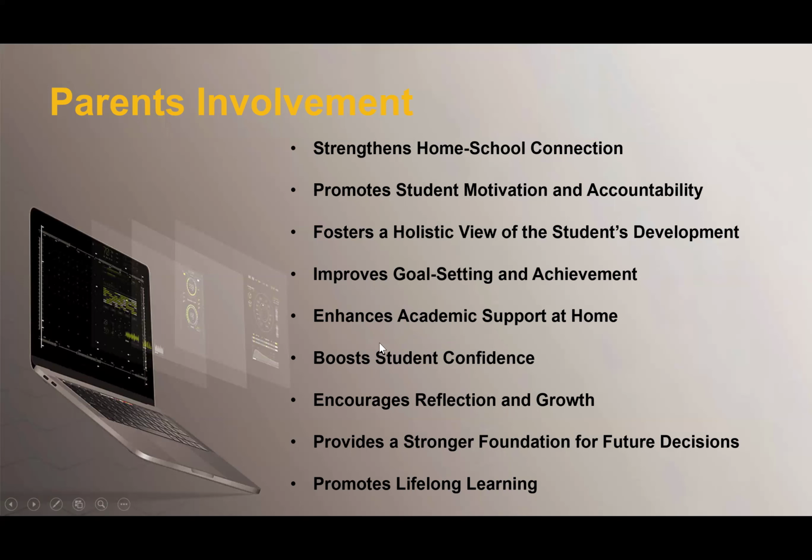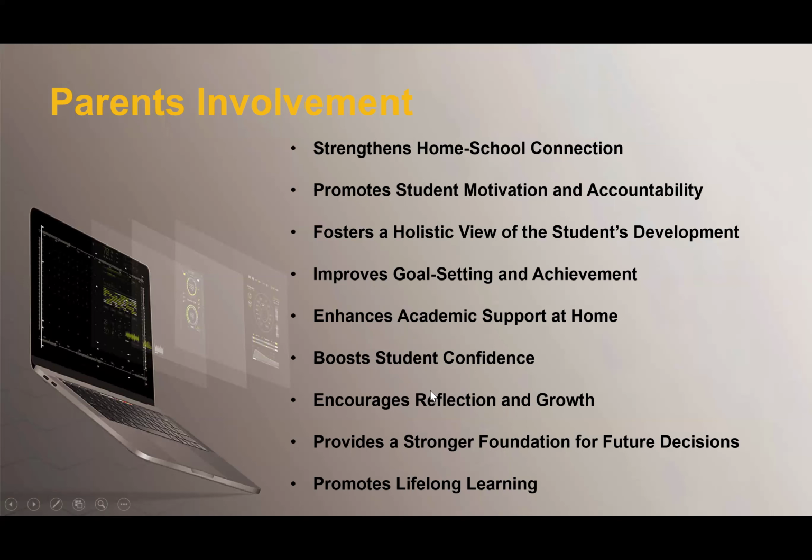The sixth one, boost student confidence. Parents' involvement encourages students to take pride in their work. When a child knows that their parents are invested in their learning, they feel validated and supported, and this increases their confidence in their abilities.